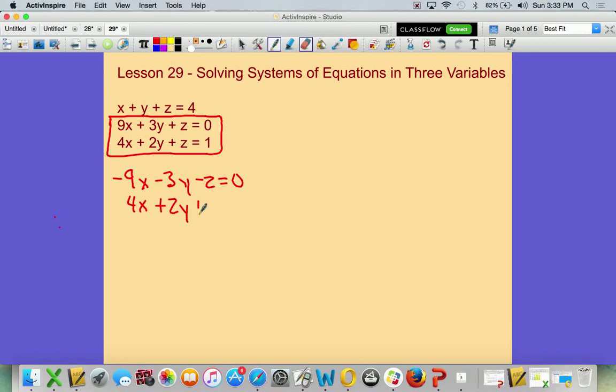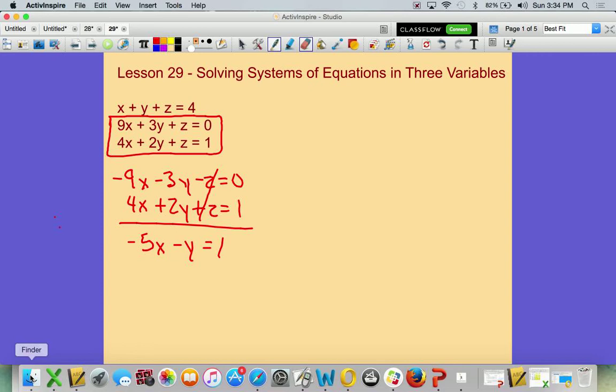A big problem with these types of problems is staying organized. You need to stay organized so you see what's going on here. You can see the z's are eliminated. So we've got negative 5x minus y equals 1 when we add those together. Now we're down to one equation with just two variables.